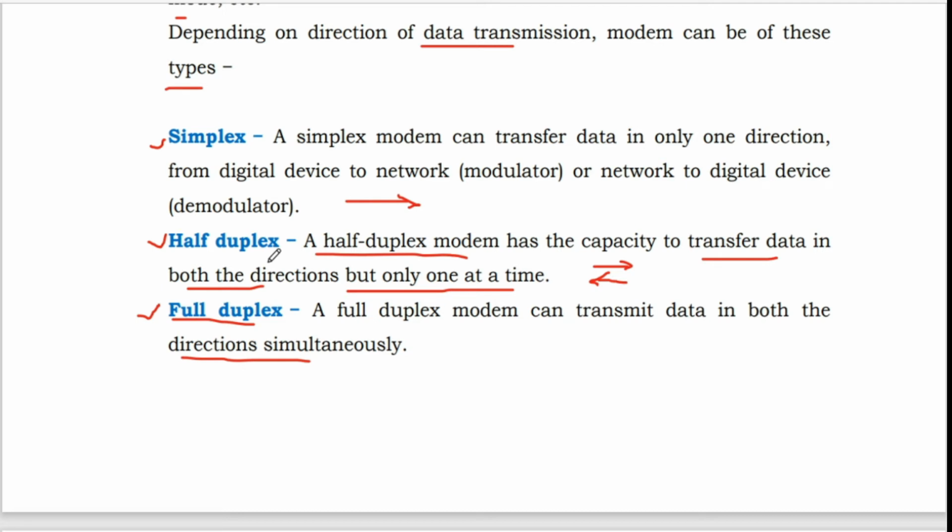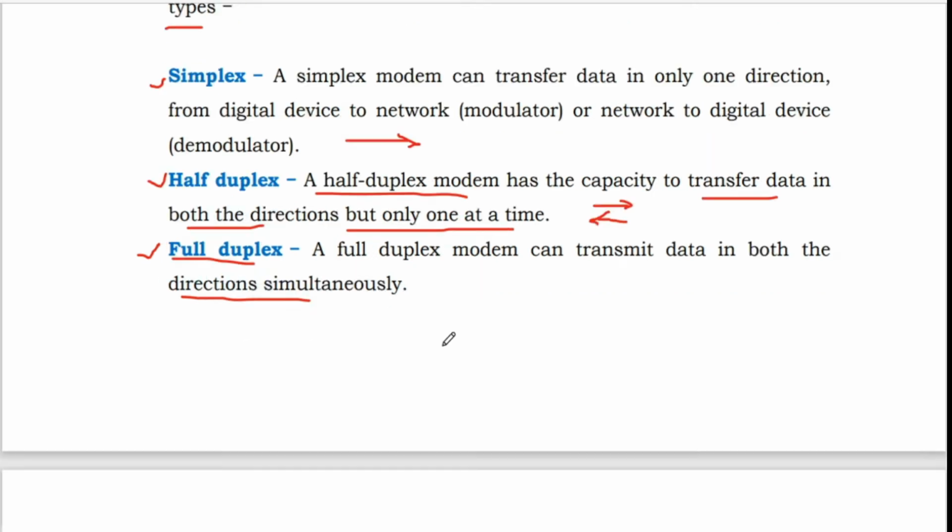In between you cannot interact, whereas in full duplex, while transmitting or receiving, both of you can communicate with each other. The example is your telephone or mobile, where you can listen as well as reply immediately. So these are the different types of modems based on the direction of data transmission.